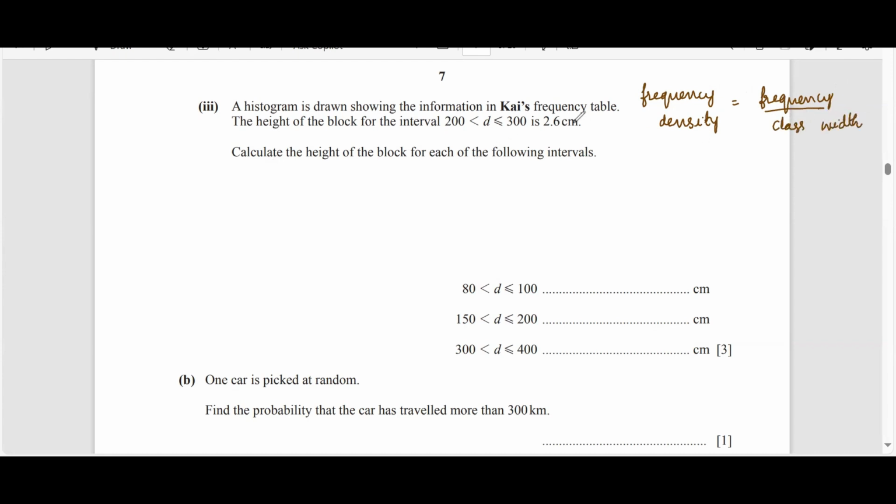In this case, the height of the block is the frequency density, mentioned as 2.6.